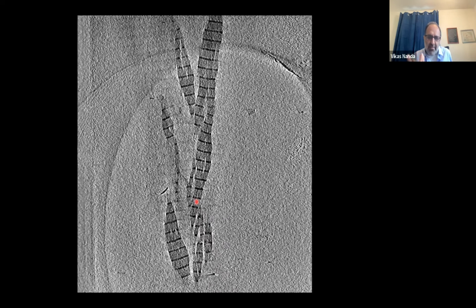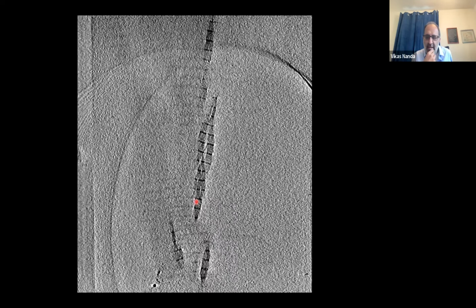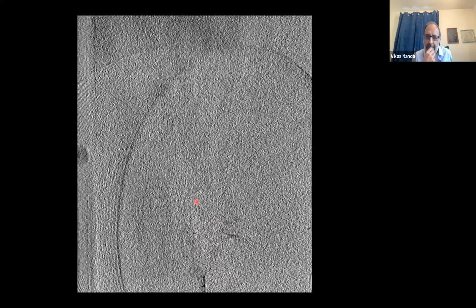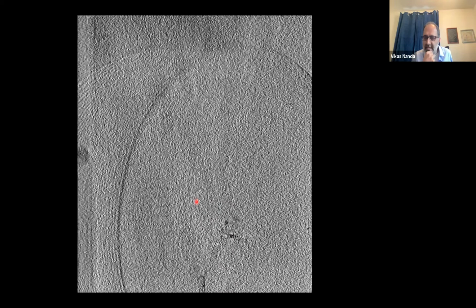You could also see that there's a little bit of a suprahelical twist at this larger structural level, which is again something we see in natural collagens.